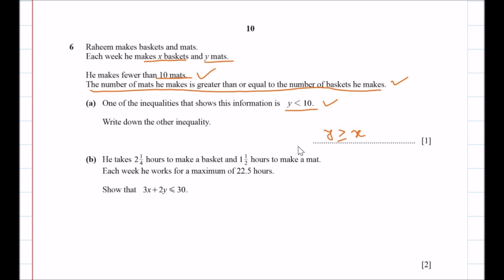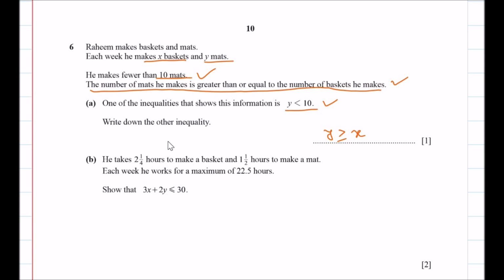He takes 2 whole 1 by 4 hours to make a basket and 1 whole 1 by 2 hours to make a mat. Each week he works for a maximum of 22.5 hours. So this is the time taken, given. Show that 3x plus 2y is less than or equal to 30.